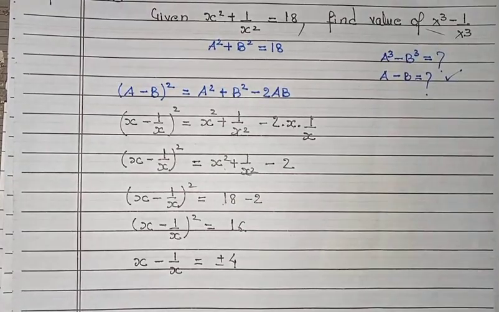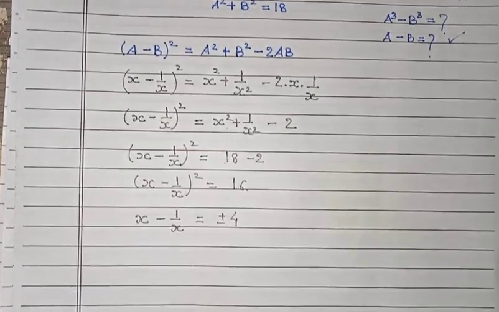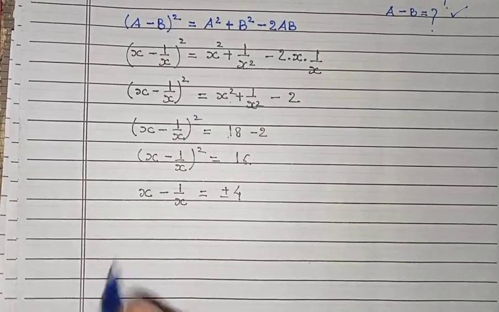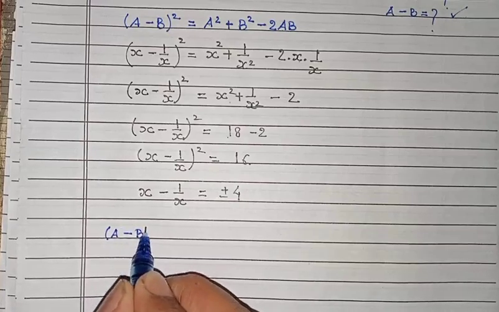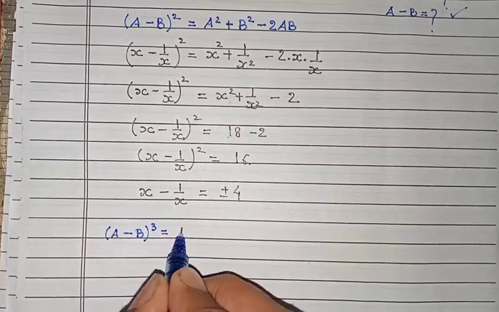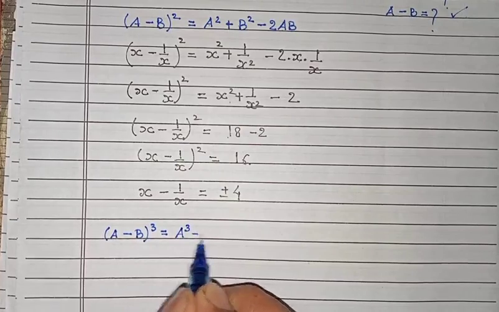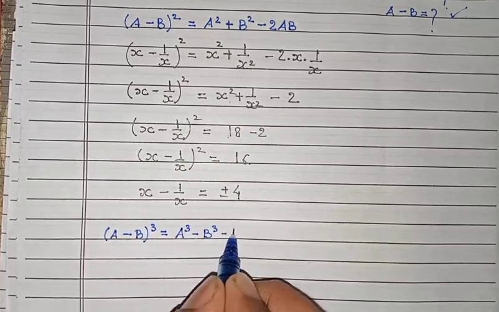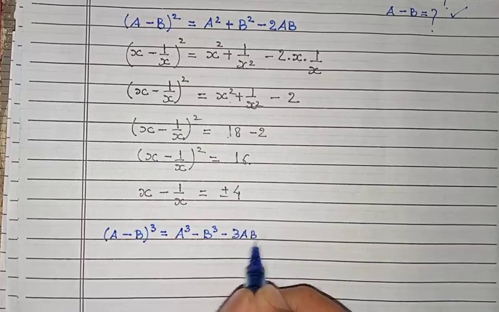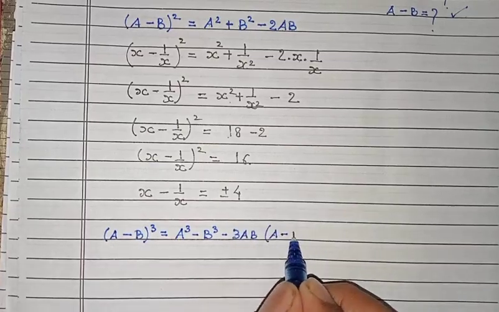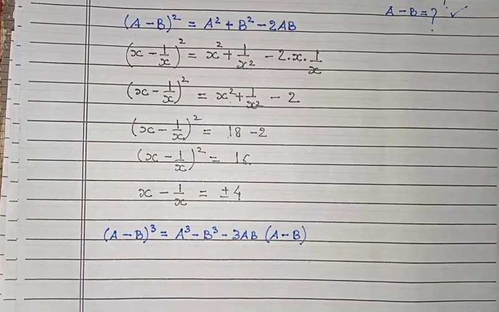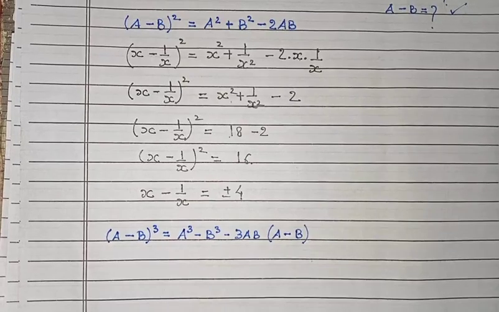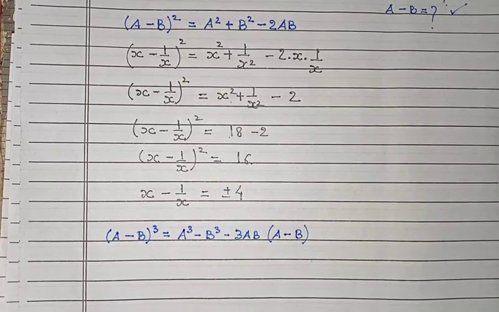So to get a cube minus b cube, first we will apply the formula a minus b whole cube. This formula will give us a cube minus b cube minus 3ab into a minus b. This is the formula. Now as from the question we know that a stands for x and b stands for 1 upon x.